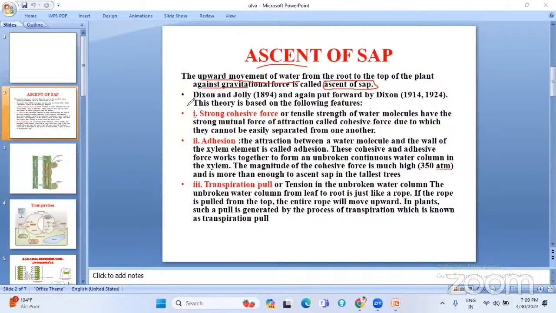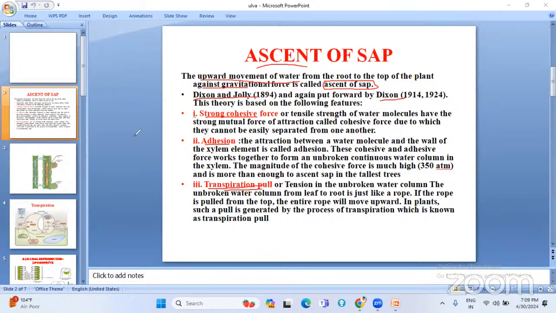This was first proposed by the scientists Dixon and Joly, and again put forward by Dixon in 1914 and 1924. Mainly this theory is based on the strong cohesive force, adhesion force and transpiration force.